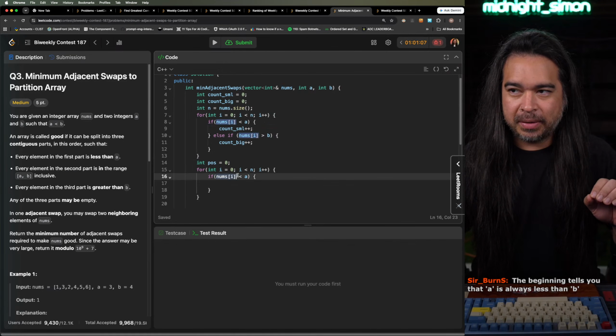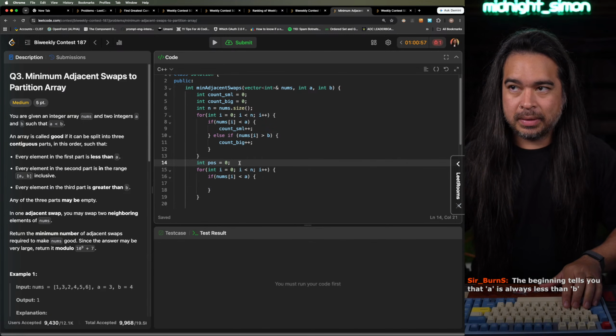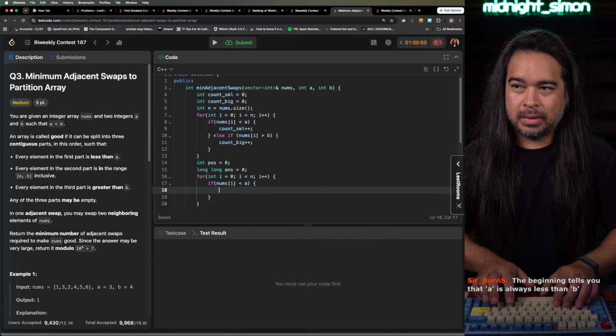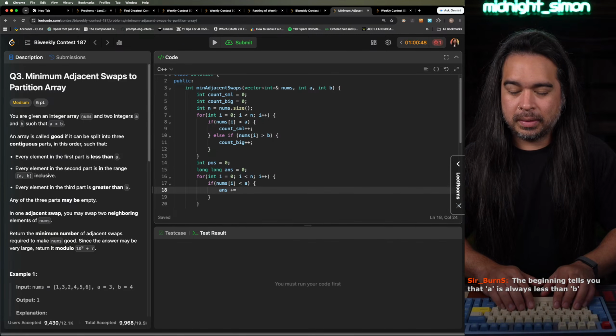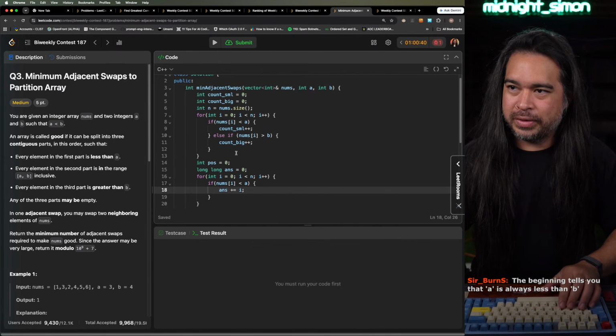I'm gonna say if that number is less than A, then you swap it that many times. So it's like swap plus I, but everything else moves up, you know.